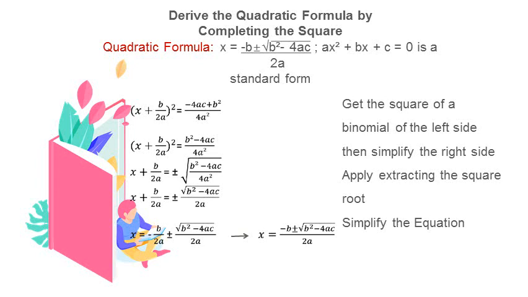So we have the common denominator 2a. Then simplify, it will become x is equal to negative b plus or minus the square root of b square minus 4ac over 2a. So now, we have the quadratic formula that we will be using in solving quadratic equation. And you need to memorize this.